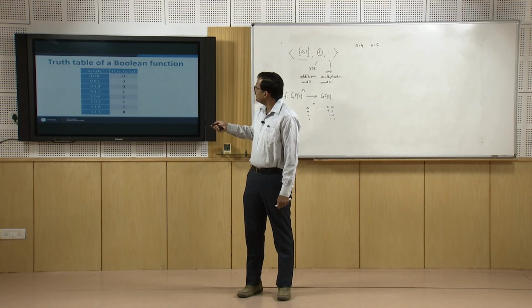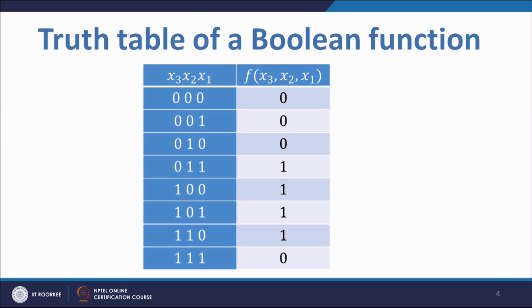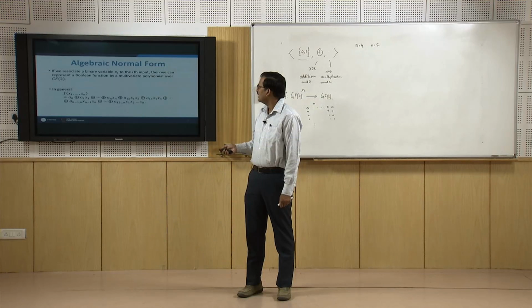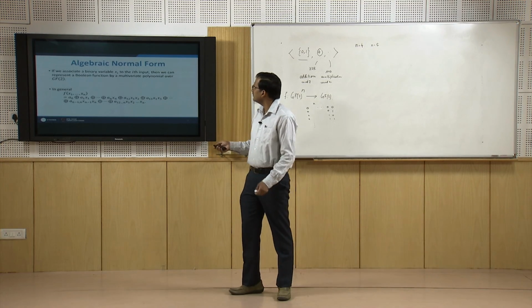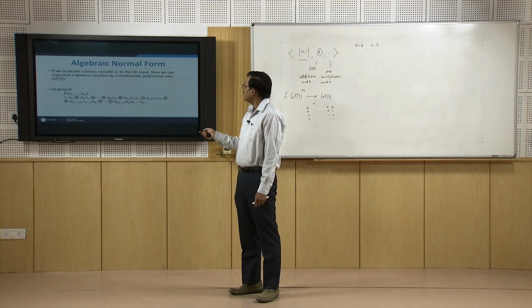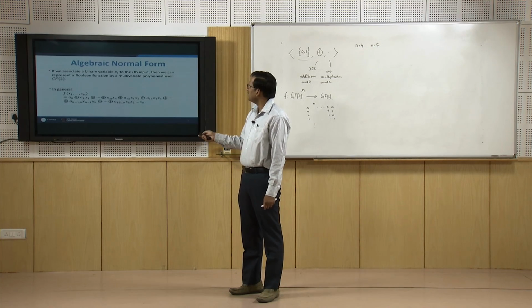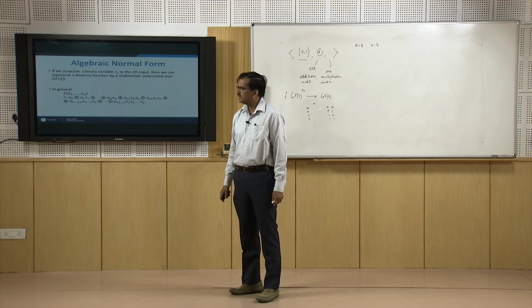Please see that this is the leftmost input bit, and I associate x1 to it, then after that I associate x2 to it, and then the next to the last one I associate x3. So, if I come here, I can write an algebraic expression of this type, and that is called the algebraic normal form of the Boolean function.